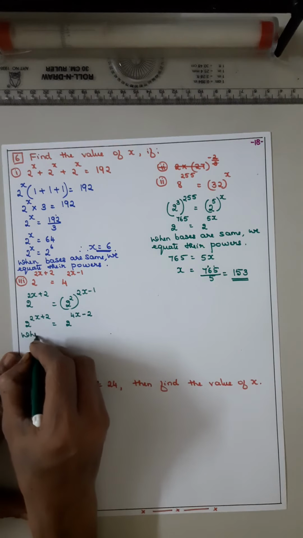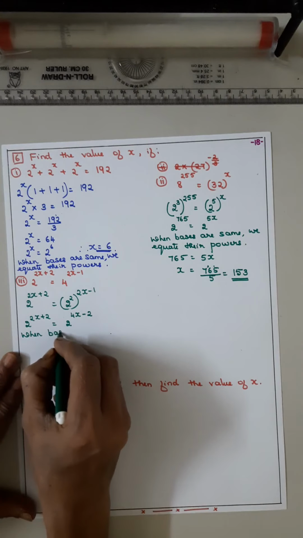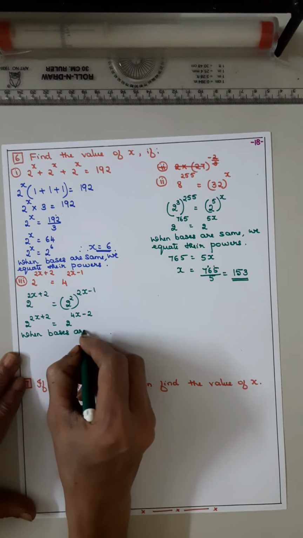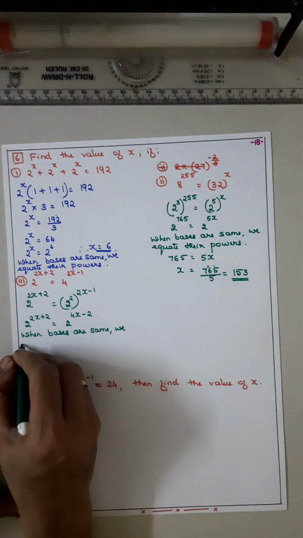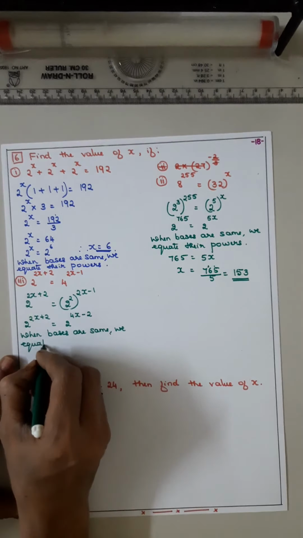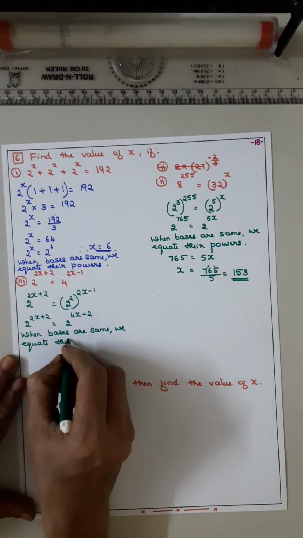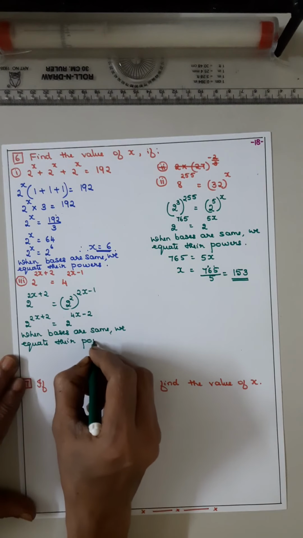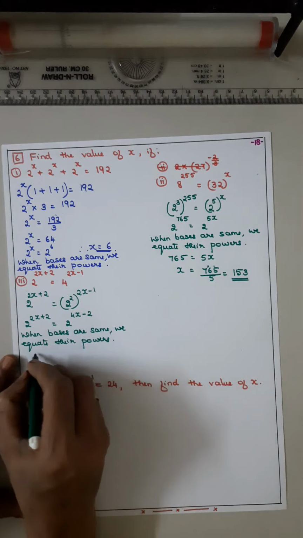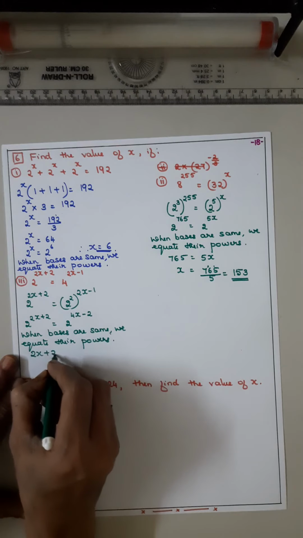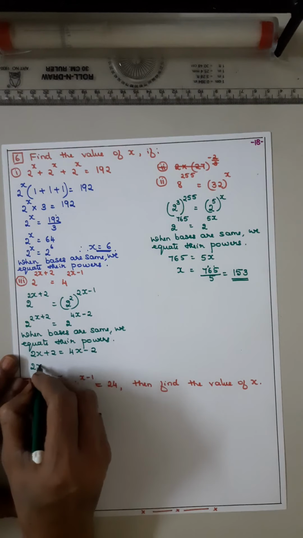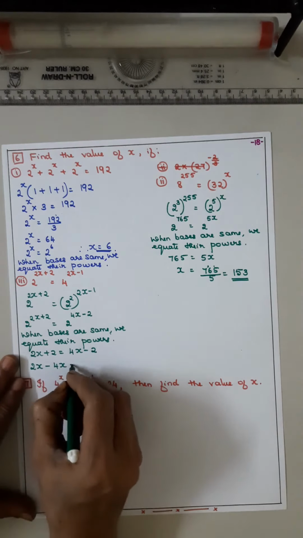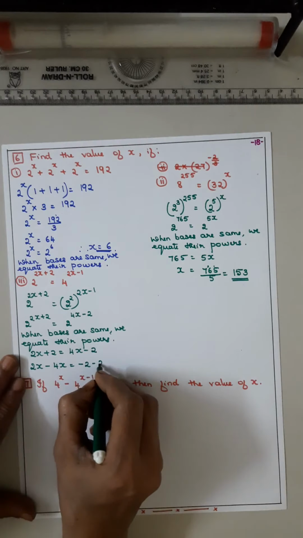Now when bases are same, we equate their powers. That is 2x plus 2 is equal to 4x minus 2. 2x minus 4x is equal to minus 2 minus 2.